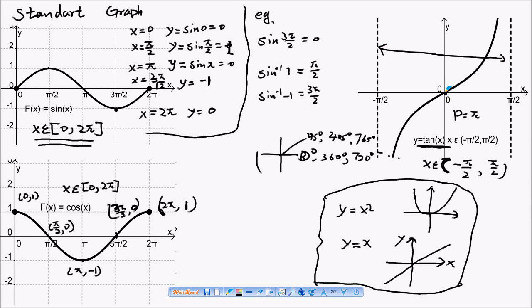From the standard graph of tan x, we can only know that when x is 0, tan of 0 is 0. Nothing fancy with the tan graph.